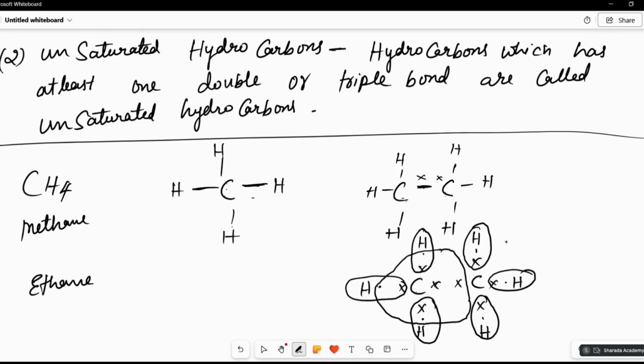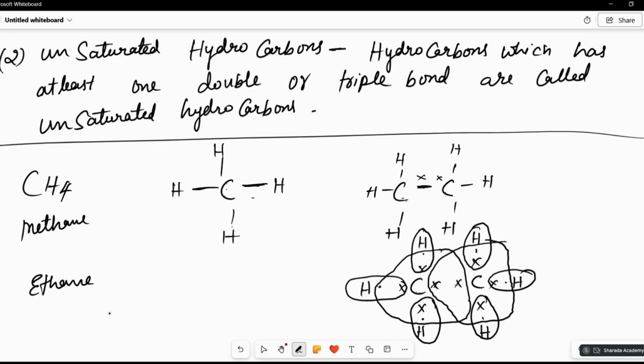For this carbon, 2 here, 4, 6, these 8 electrons, it will share. Correct now? So here, if you observe carbon to carbon, only one pair is shared. So only one bond. Okay. So this is a saturated hydrocarbon.